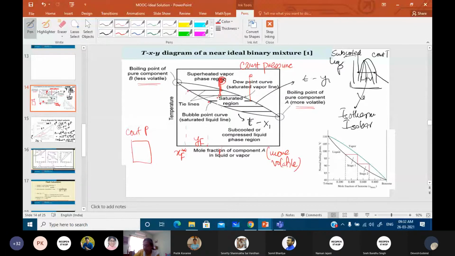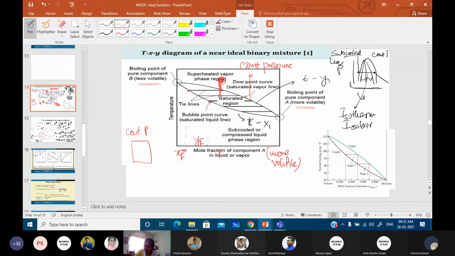Now, when we are in this two-phase region, for each and every point, the overall composition is given by this same point, the YF or whatever we had started with. And the liquid and the vapor are given by the horizontal line through this particular point, which touches the saturated vapor and the saturated liquid point, right?